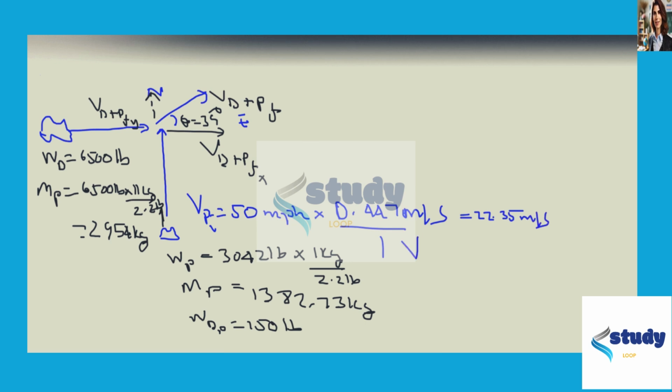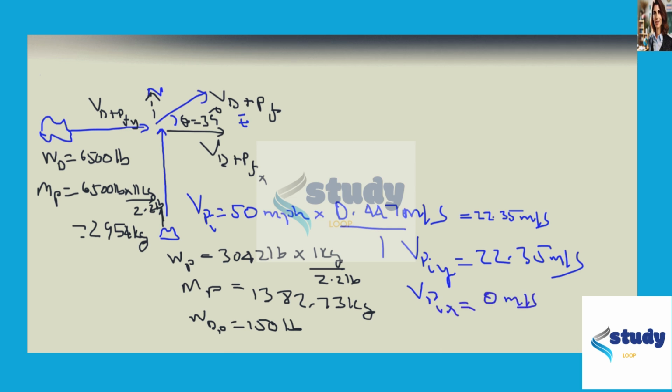The velocity in the y direction for the Prius is exactly the same as its own velocity because it doesn't have any x component. The velocity in the x direction is 0 meters per second.